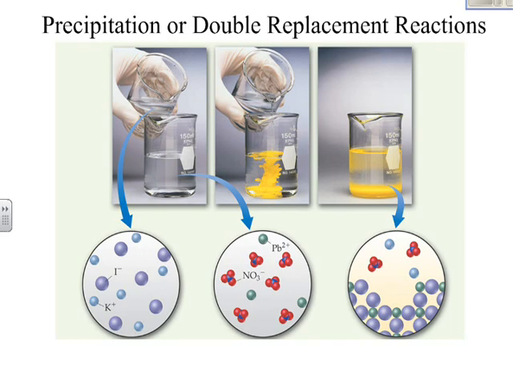If we look at our theoretical model for what we think is going on here, we have in the solution that's being poured potassium ions and iodide ions. In the solution in the beaker on the bottom, we have nitrate ions and lead ions.